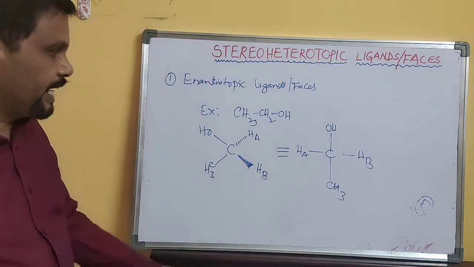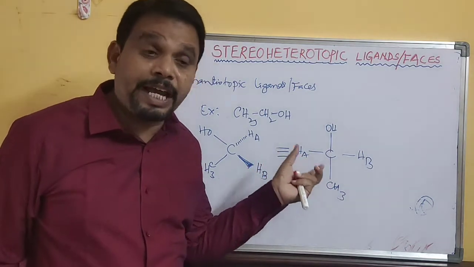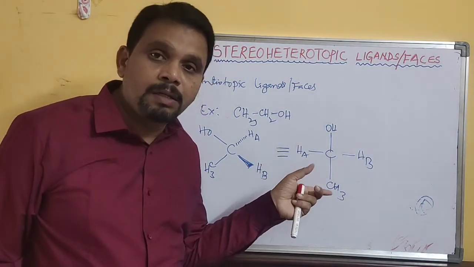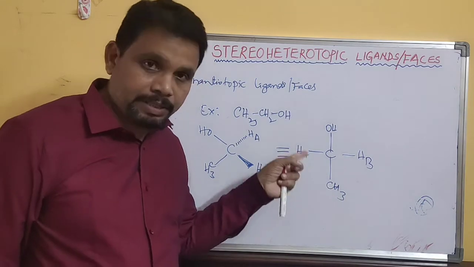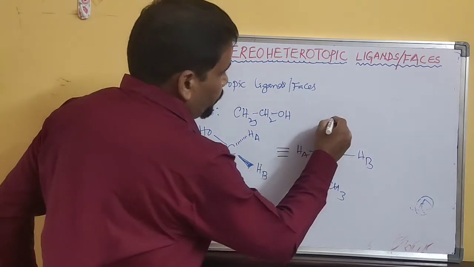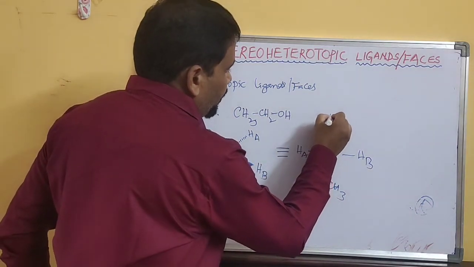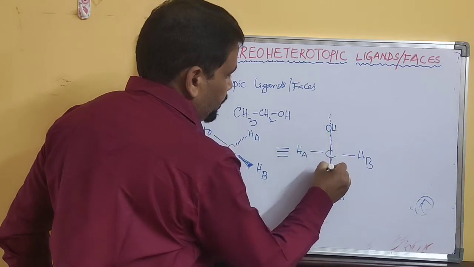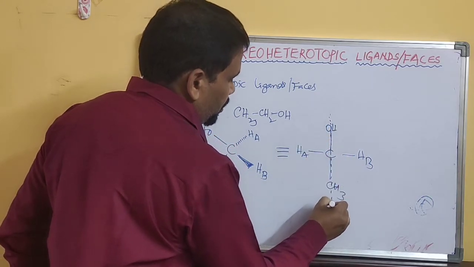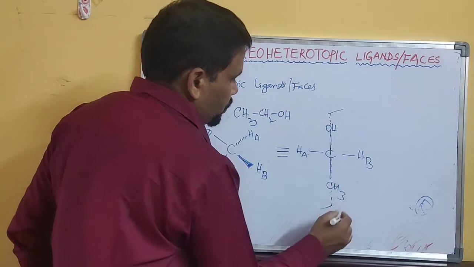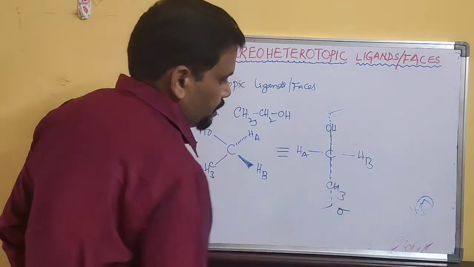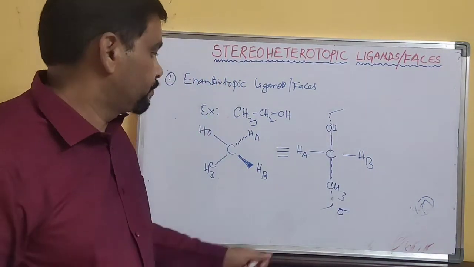So is there any secondary kind of symmetry element in this molecule? Yes. If you have a plane like this, then this is the plane of symmetry.